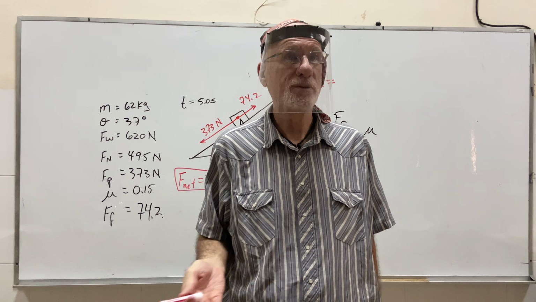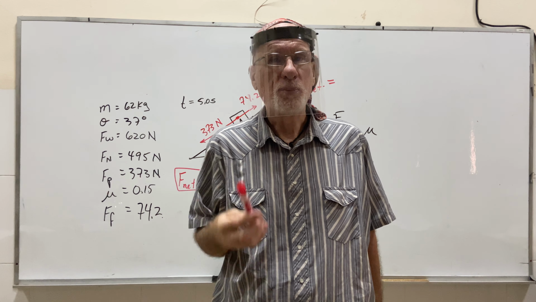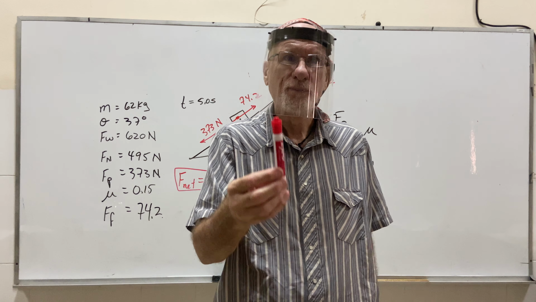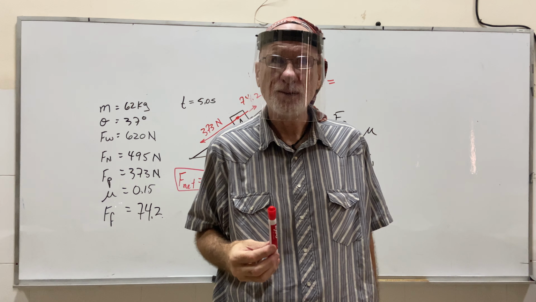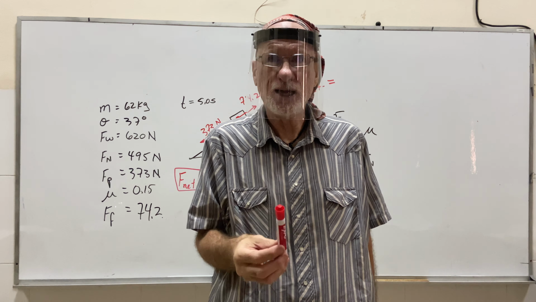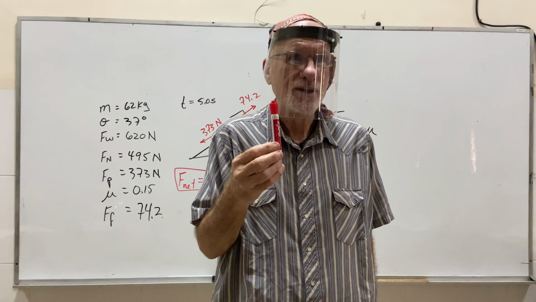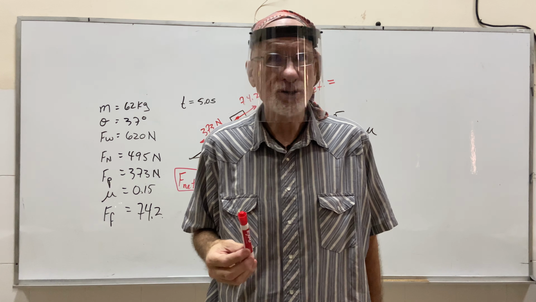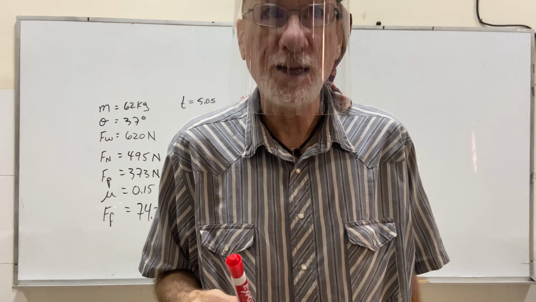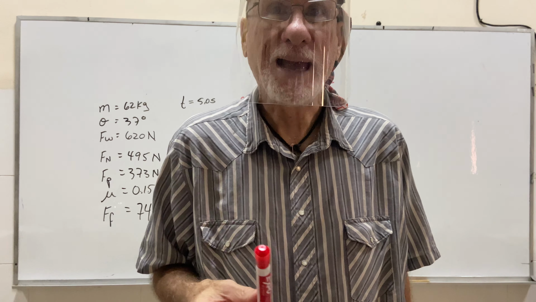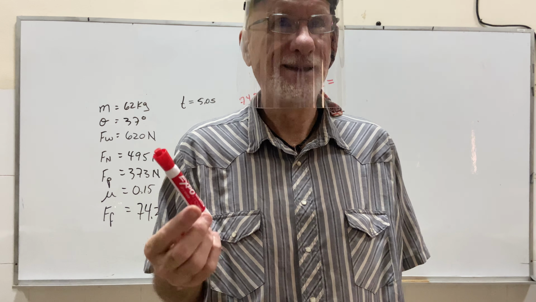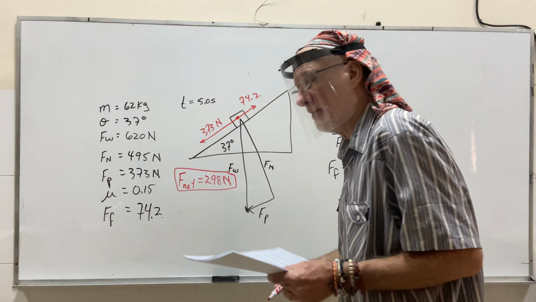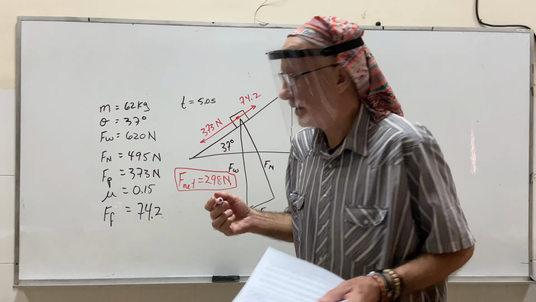But what's resisting me accelerating that cart? It's the inertia. Is there another word for inertia? It's called mass. Mass is really another word for inertia, the resistance to change.